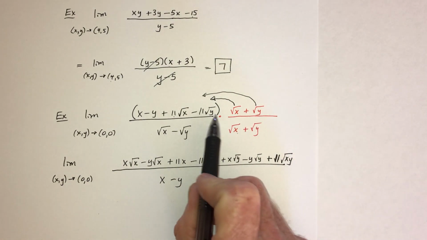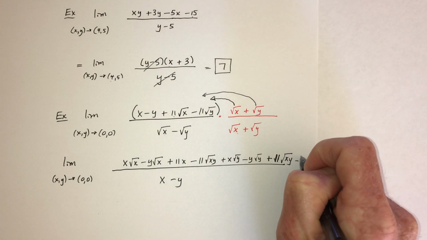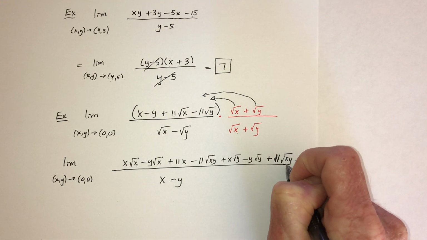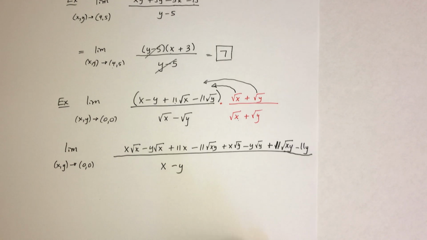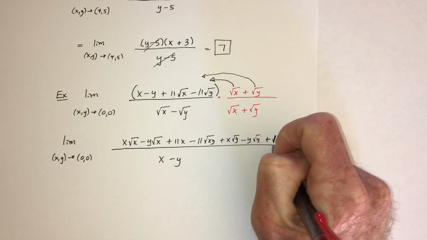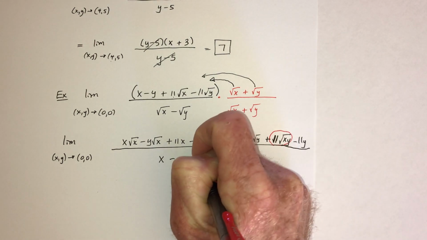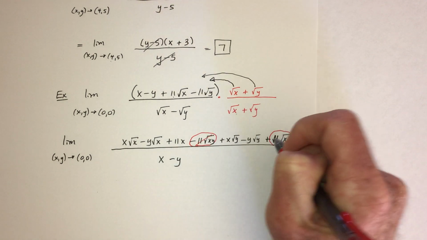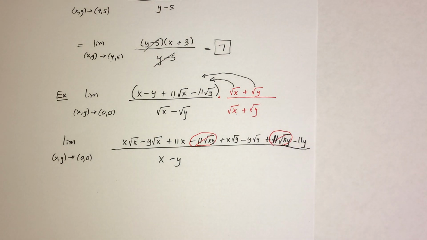And then finally, this one times this one will just be minus 11y. Let's see, does anything cancel? Pienso que sí, right here and right here, these are going to cancel. Anybody else? I don't think so.